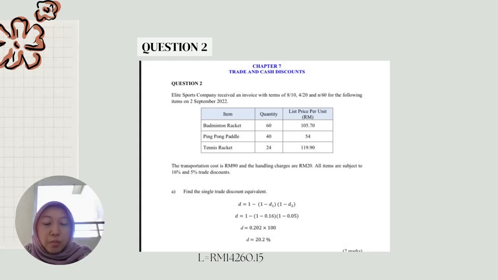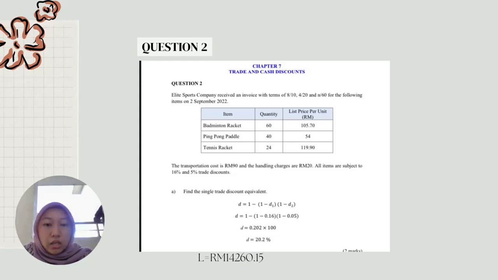Second item is ping pong paddle, 40 quantity, and the list price is 45 ringgit. The third item is tennis racket, quantity 24, and the list price is 160 ringgit and 60 cents. The transportation cost is 90 ringgit and the handling charges are 20 ringgit. All items are subject to 60% and 5% trade discounts.